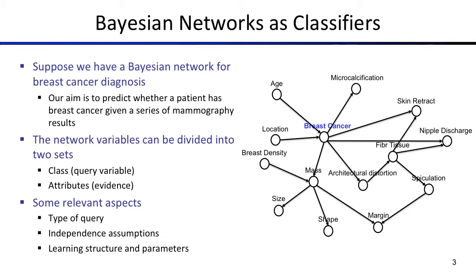In this figure here, we have a Bayesian network for the diagnosis of breast cancer. This diagnosis is going to be based on one exam called a mammography, which is an imaging exam.